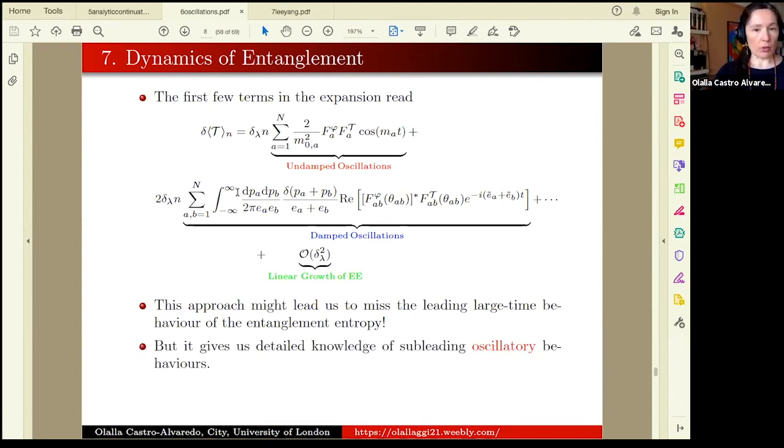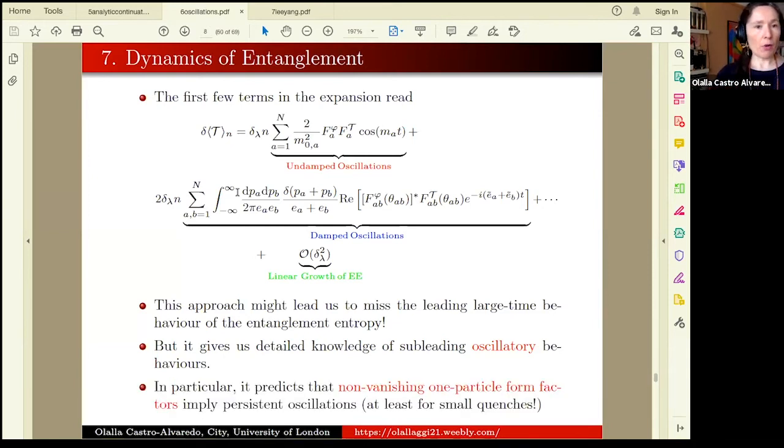This is an important detail to notice, but it also gives us detailed knowledge of subleading oscillatory behaviors, which can be missed by other approaches. And in that sense, this is an interesting way to try and understand these other behaviors of entanglement, which are the subject of quite a lot of discussion at the moment.